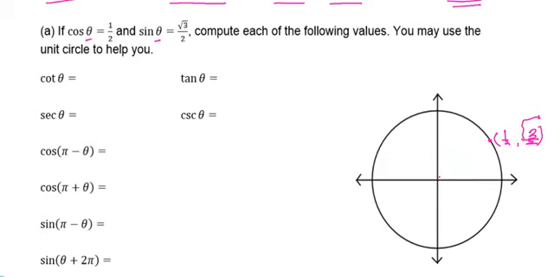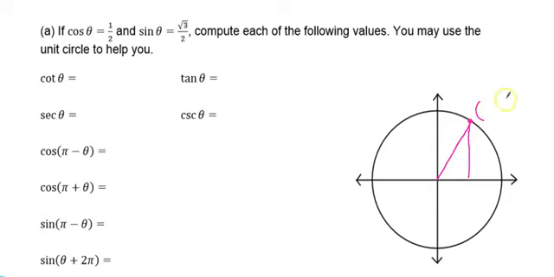I'm sorry, my graph is not very accurate, so let's make 1/2 somewhere here. That's a little bit better. The coordinates are 1/2 and √3/2. So this is angle theta.